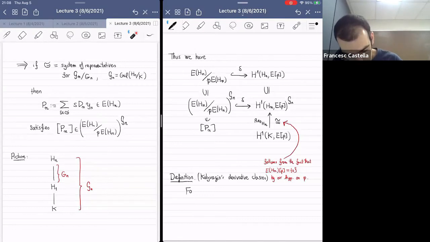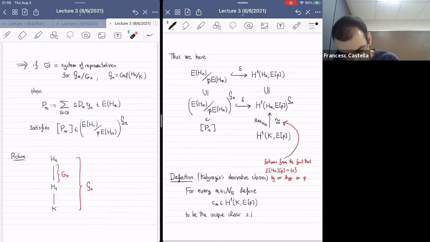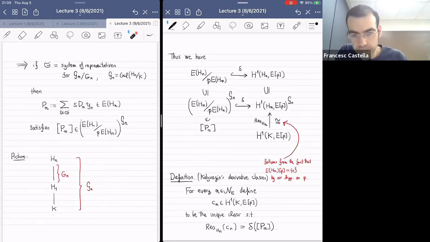So for every n, we define Cn in H1(K, E[P]) to be the unique class such that when we restrict to Hn, when we apply this isomorphism, we get delta, the Kummer map applied to this massaging of the Heegner point of conductor n.